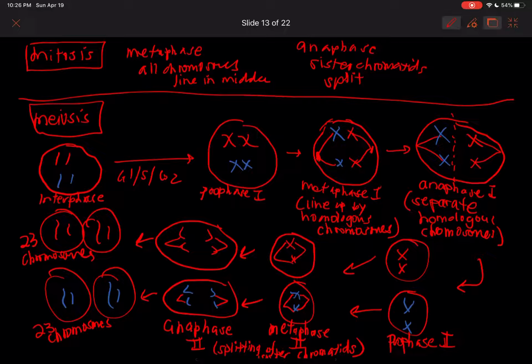Notice that if you compared this set of daughter cells with this initial parental cell, you have 4 lines representing 4 chromosomes. Now you end up with 2, which is why in meiosis 2, you end up with half the amount of chromosome.